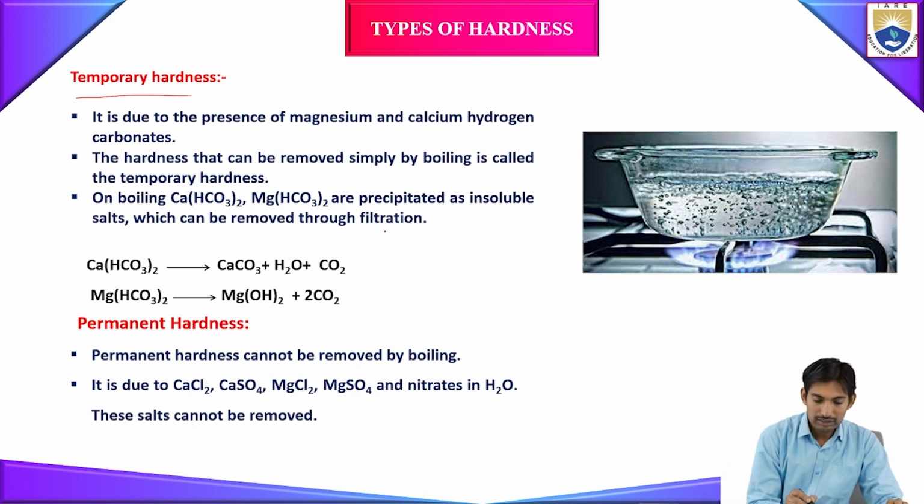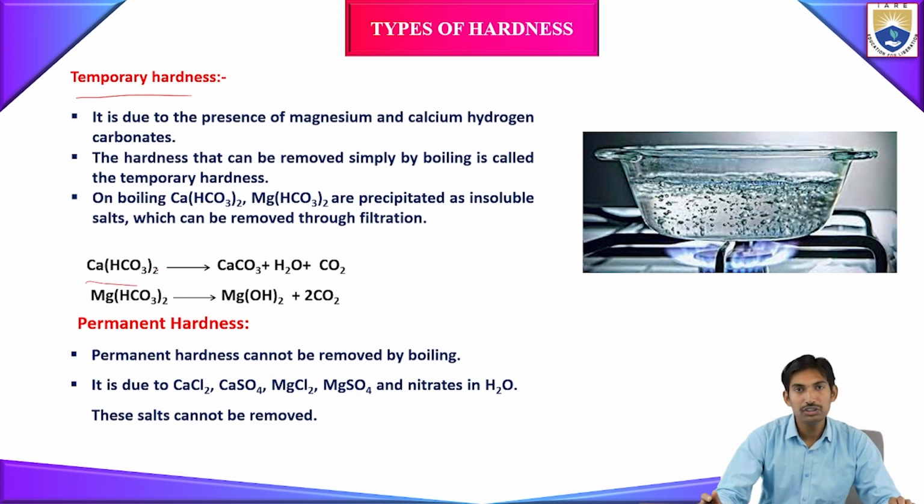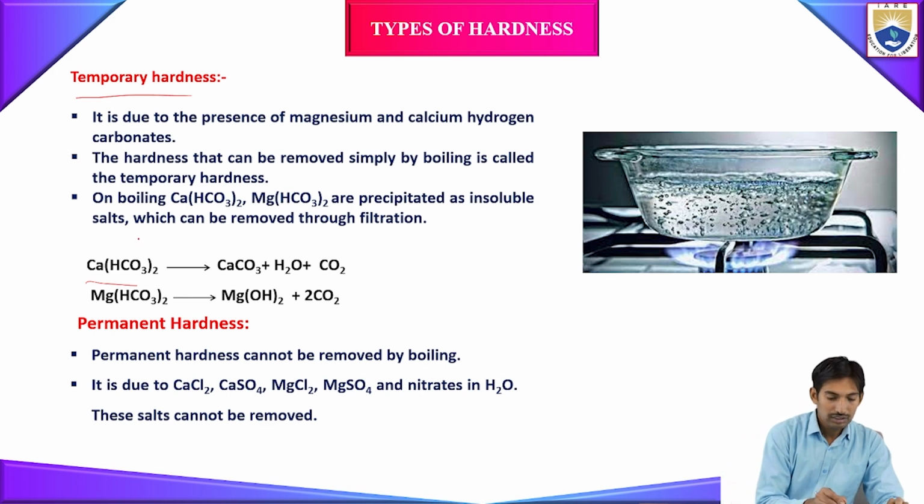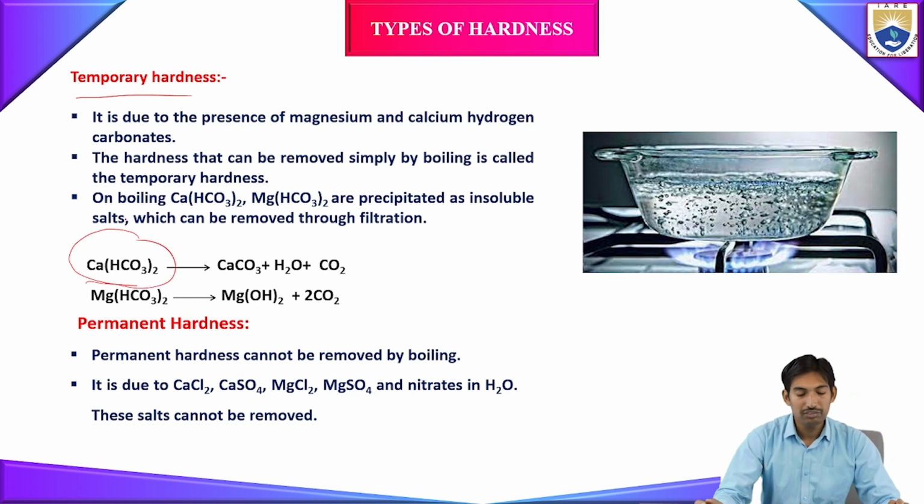If you boil water containing calcium bicarbonate and magnesium bicarbonate, we can remove the temporary hardness. If you heat calcium bicarbonate, it is converted into calcium carbonate and releases carbon dioxide gas.